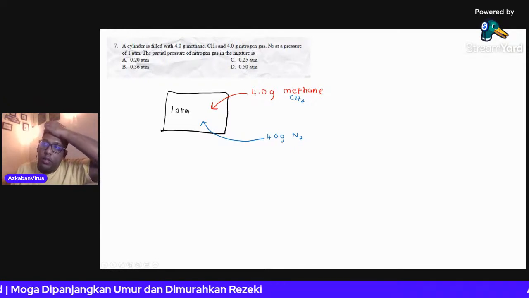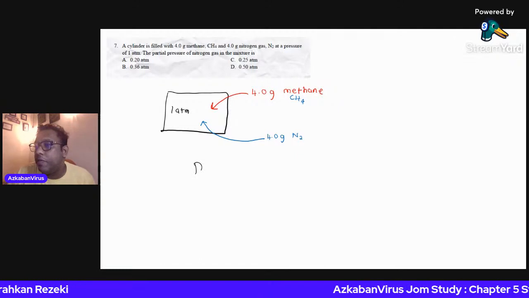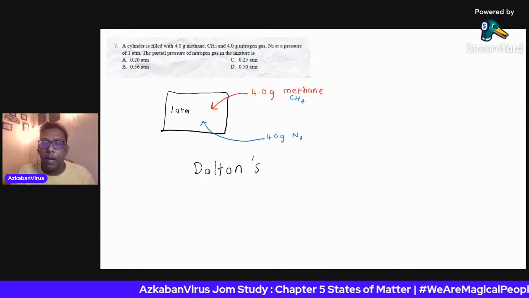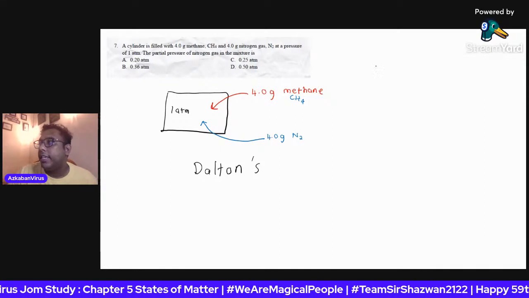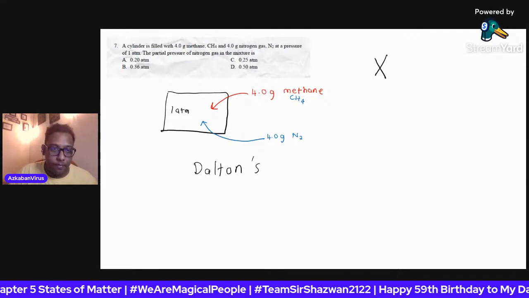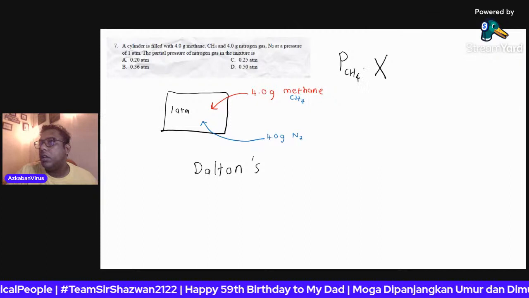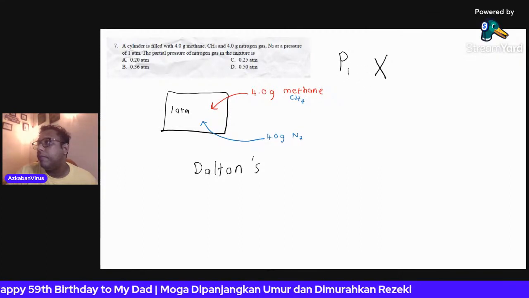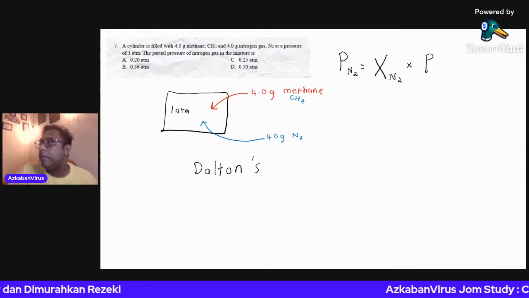Okay, macam mana? So it's very simple. Ini adalah actually Dalton's law of partial pressure. Bila Dalton's law of partial pressure, kita tahu bahawa nak cari partial pressure, dia akan cari daripada mole fraction. Dia minta nitrogen kan, so P nitrogen is equal to mole fraction of nitrogen darab dengan P total.